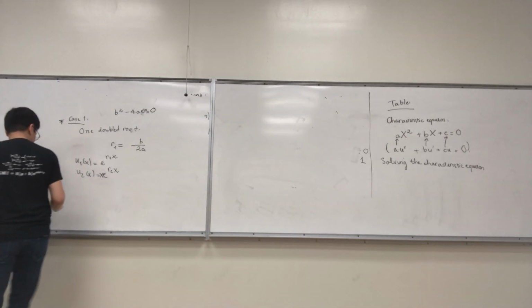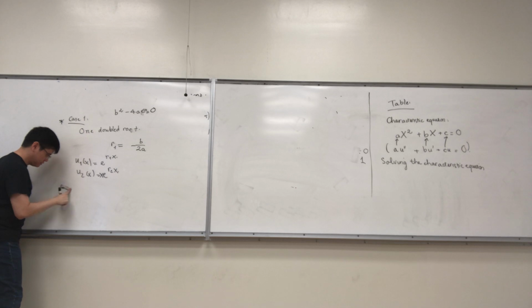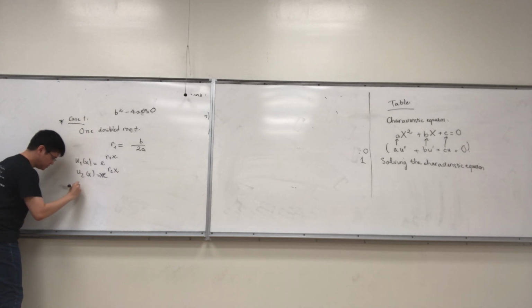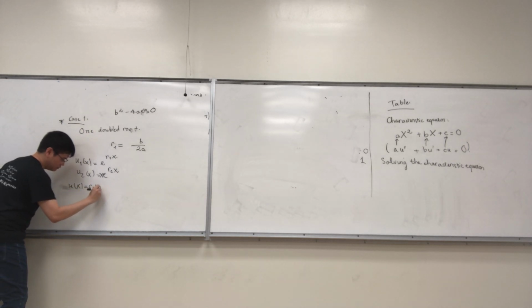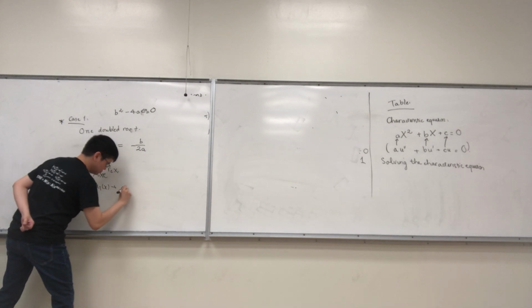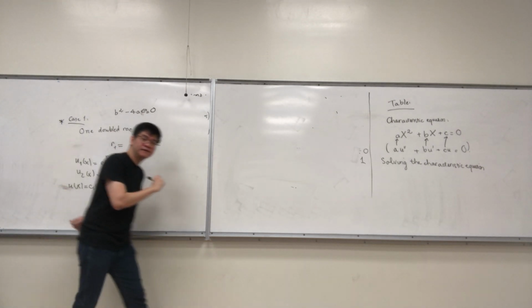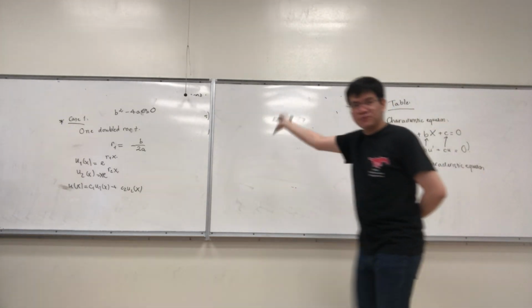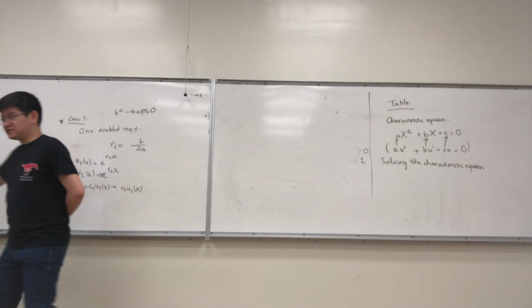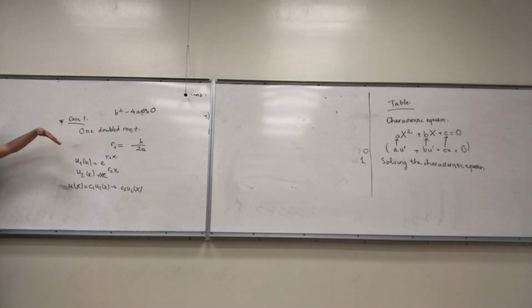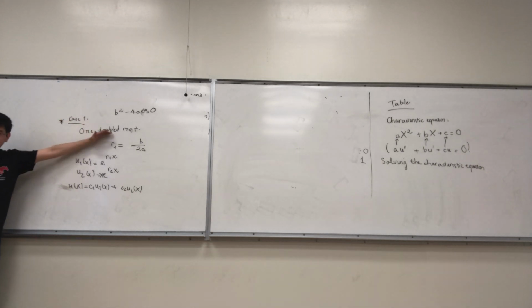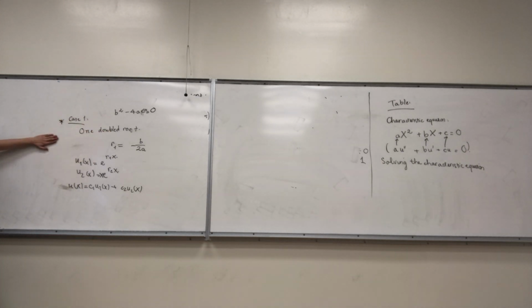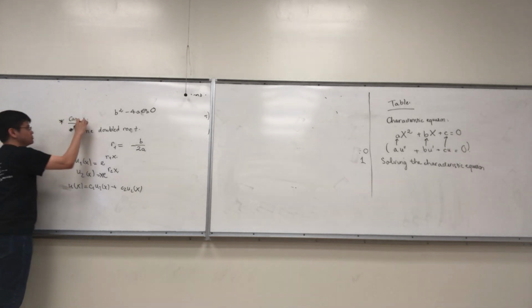And then the general solution will be u of x is equal to c1 u1 plus c2 u2 of x. All right. So this is the table that I gave you in one of the previous lectures, but I want to remind you of this knowledge here. So this is case number 2.